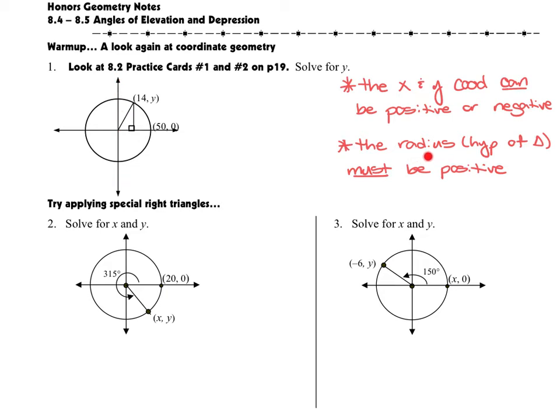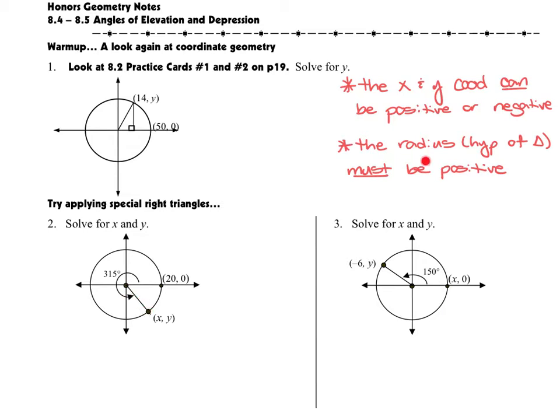The radius of the circle, we're going to have a circle drawn in each time. That radius of the circle will also be the hypotenuse of a triangle, and that radius must always be positive. So even when we get down here, for example, thinking ahead to problem number 2, even though our hypotenuse, our radius of our circle, is going to be below the x-axis, that has to remain a positive number.